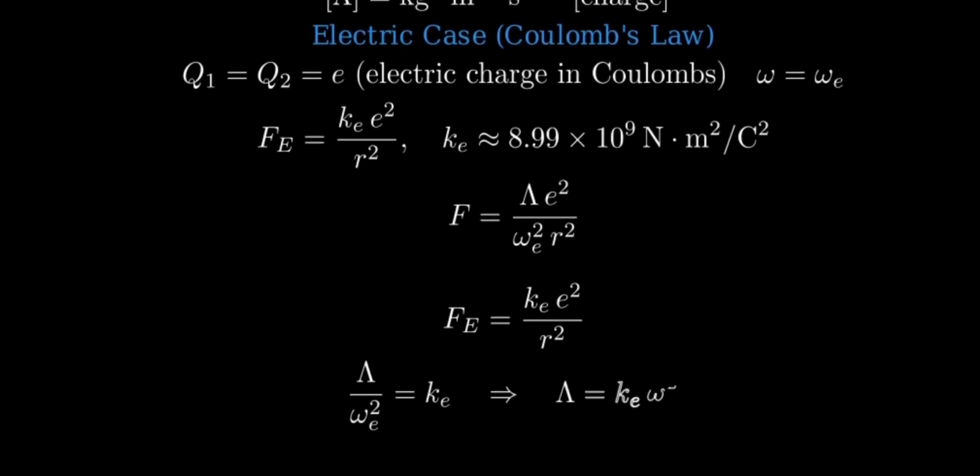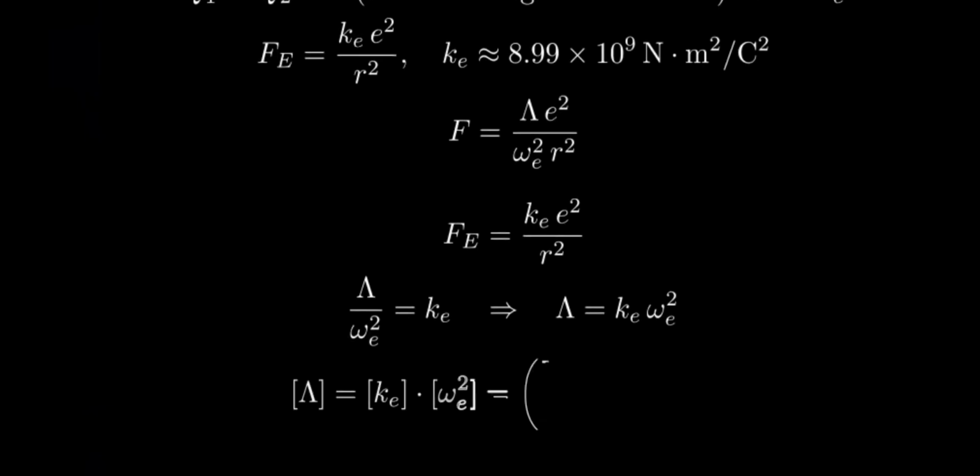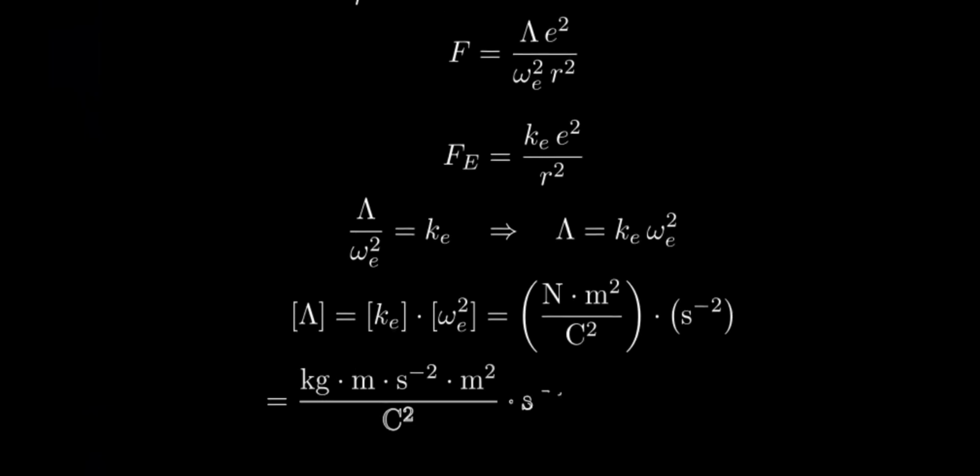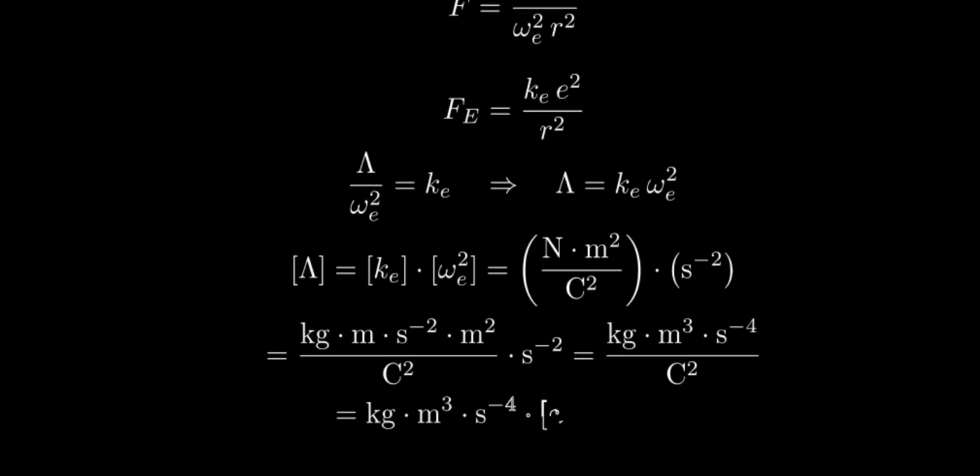Comparing our master equation with Coulomb's law, we can see that lambda divided by omega sub e squared must equal k sub e. This means lambda equals k sub e times omega sub e squared. Let's check the units. K sub e has units of Newton meter squared per Coulomb squared, and omega sub e squared has units of per second squared. Multiplying these, we get kilogram meter cubed per Coulomb squared per second to the fourth power, which matches exactly what we derive for lambda's units.